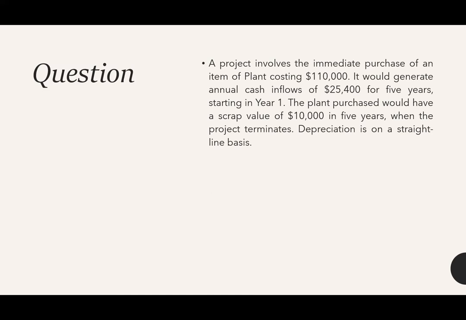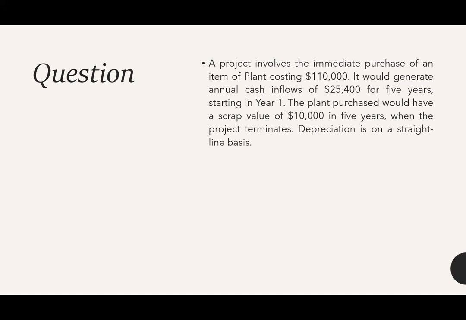In terms of cash flow, you will get 25,400 for all 5 years of the project's life. The plant purchase would have a scrap value of 10,000 in 5 years when the project terminates. So once you are done with the project, you can sell the plant for 10,000. Depreciation is on a straight line basis.